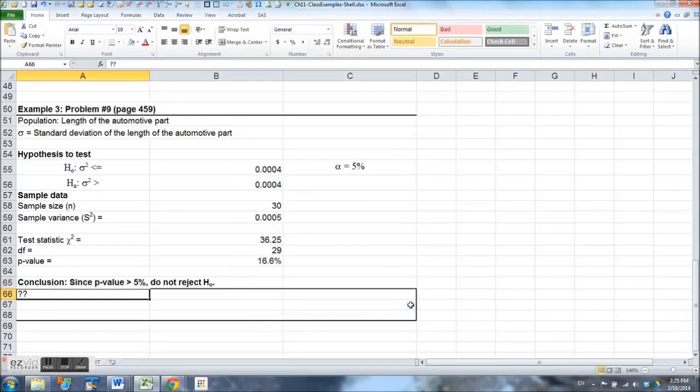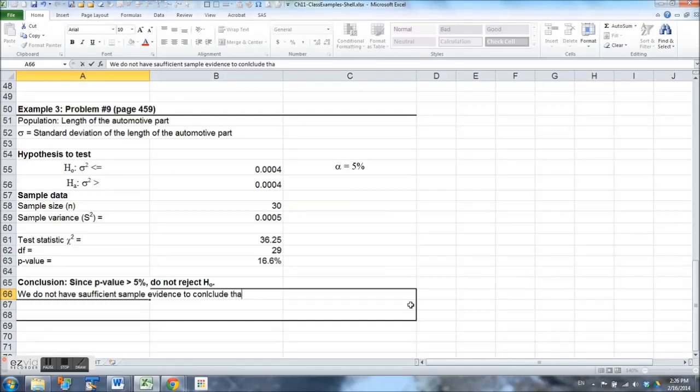Which means we do not have sufficient sample evidence to conclude that the variance of the length of the automotive parts exceeds the maximum allowed value of 0.0004.